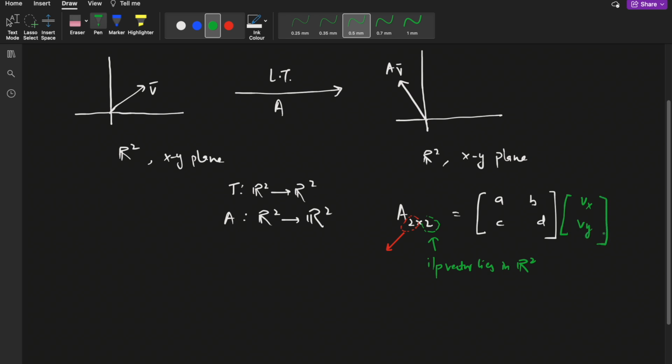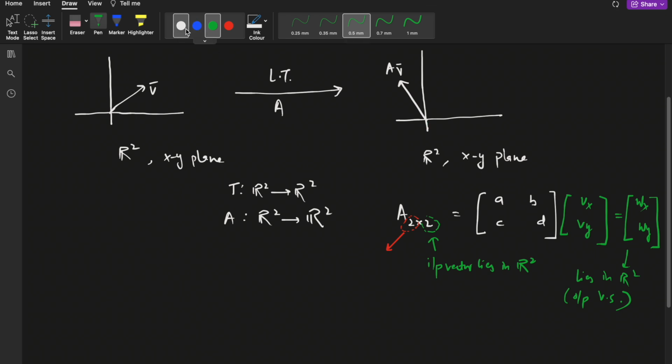After multiplying this with the matrix A, we will get the transformed vector. Let us suppose its name is Wx Wy. So this Wx Wy also lies in R2, and this is in the output vector space.